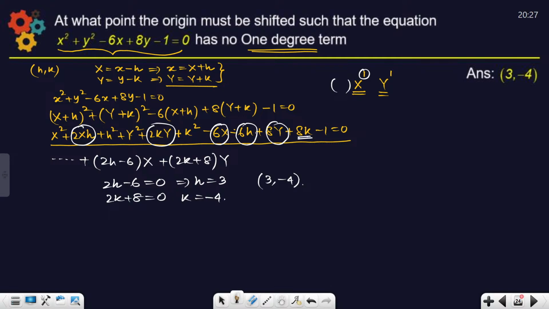If you say that this one is a 1 degree term, no, because this is a constant to me. This k square is a constant, 8k is a constant, 1 is a constant. 1 degree term means when the power of the variable is 1, those terms are called your 1 degree terms. Is it clear? Okay.